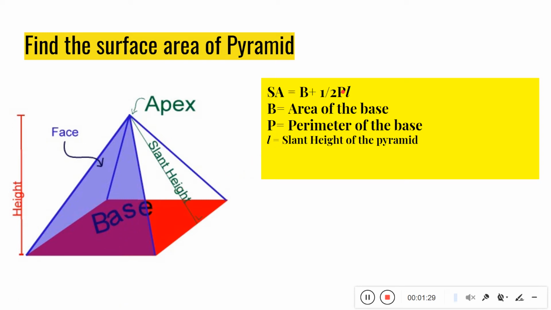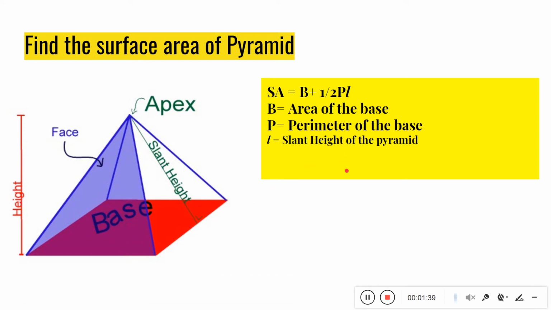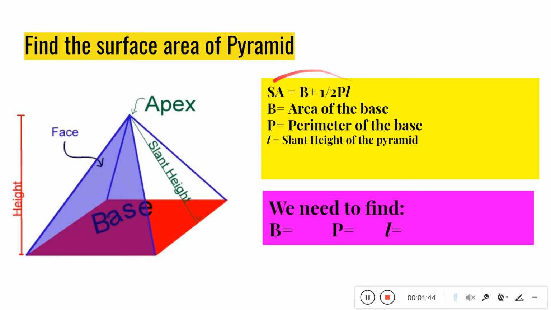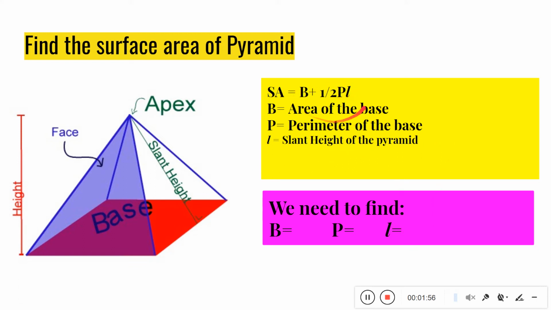And then the lateral height is the height that goes up, and we have 1/2 the perimeter of the base times that lateral or slant height. So in order to apply this formula, we need to find B, which is the area of the base. We need to find P, which is the perimeter of the base, and we need the slant height. Those are the three things that we need for this formula.